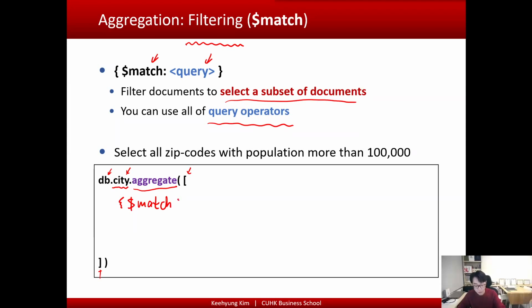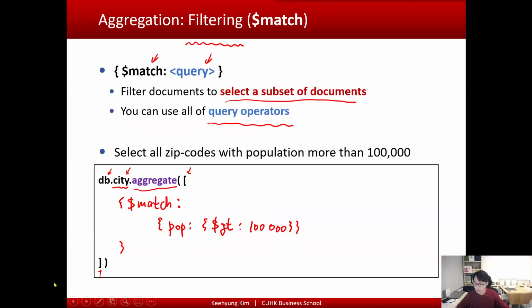So we use the match operator, and inside here we specify the query. And the query we are going to utilize is basically this: population should be greater than 100,000, like this. Basically, this is exactly the same as how you use a find function.